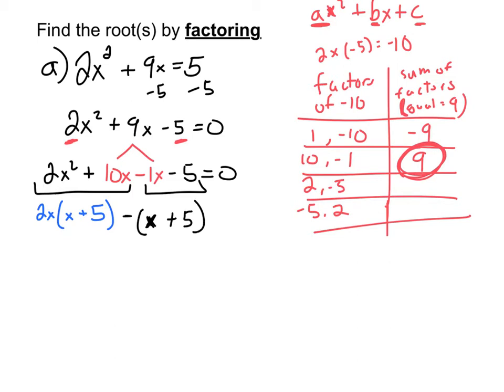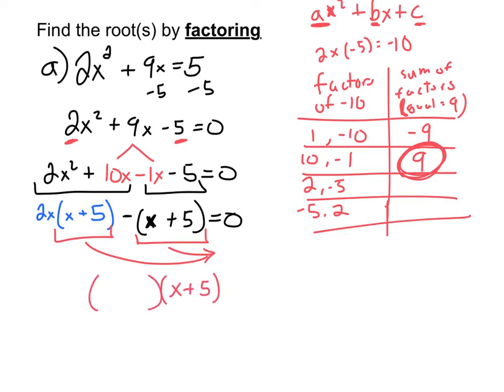Now notice that this term and this term are common, so I can pull them out and factor that. I'm going to have x plus 5 over here, and over here I would be left with the 2x, and then basically a minus 1 in front of this term.